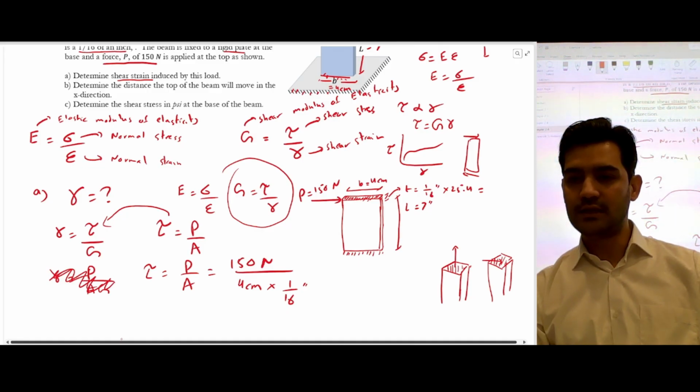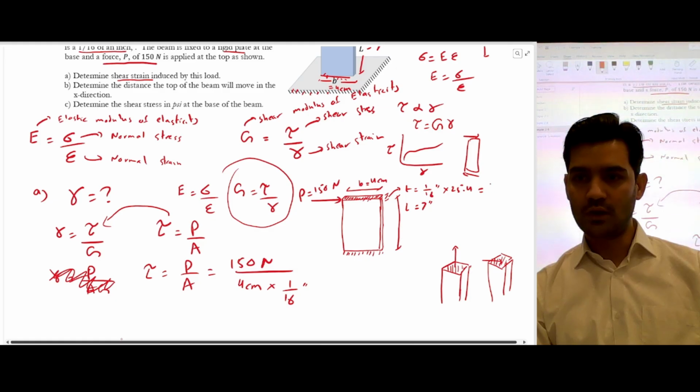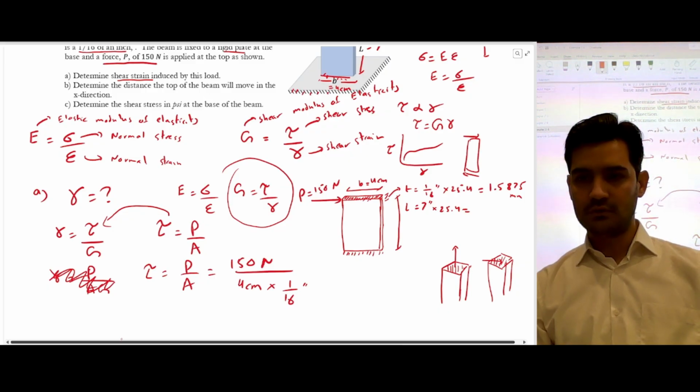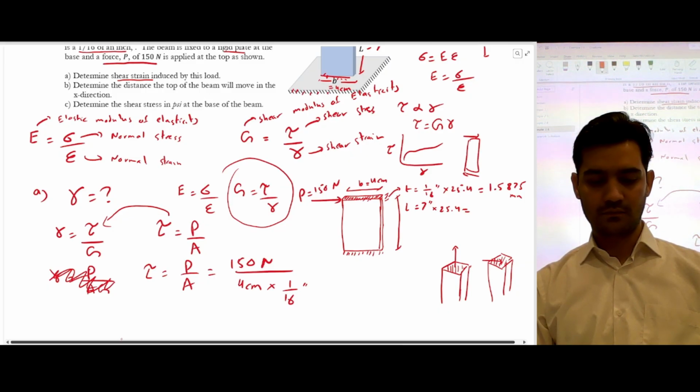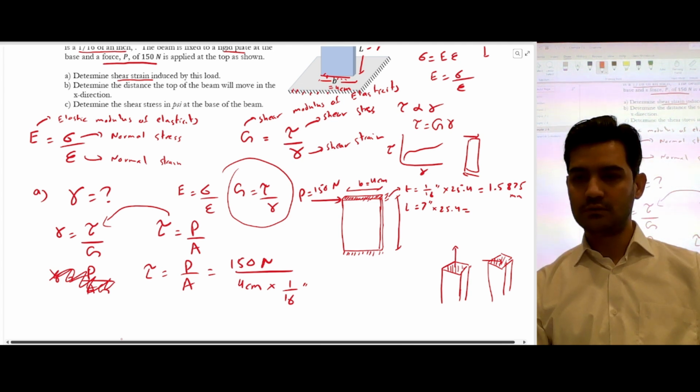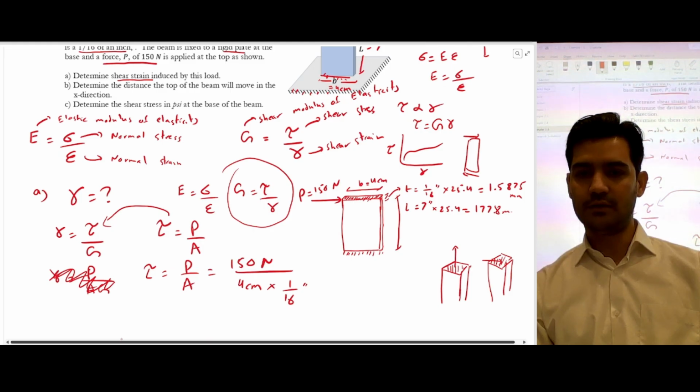So the thickness is 1.5875 millimeter. We can also convert this inch into millimeter. That is 177.8 millimeter.